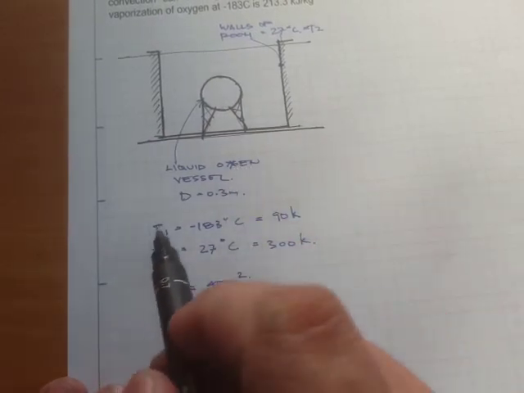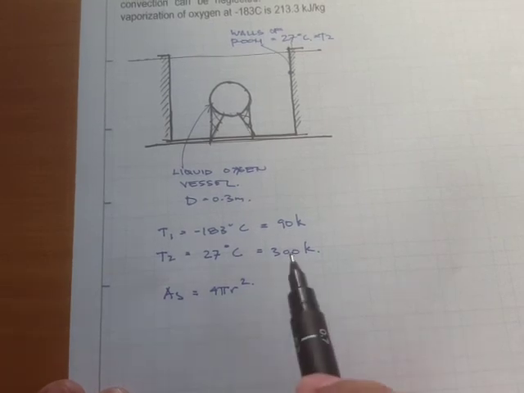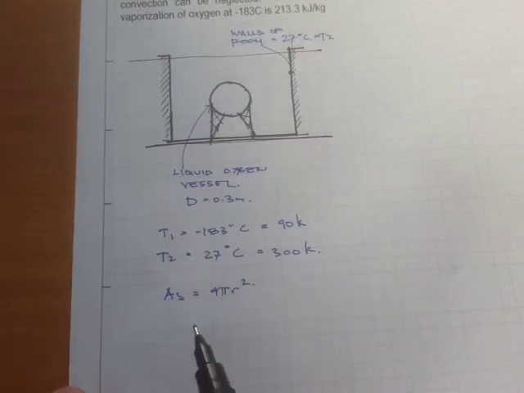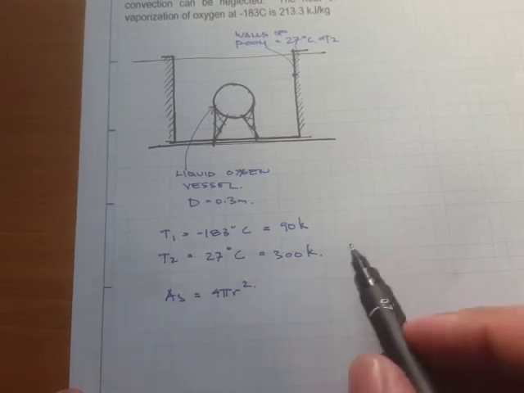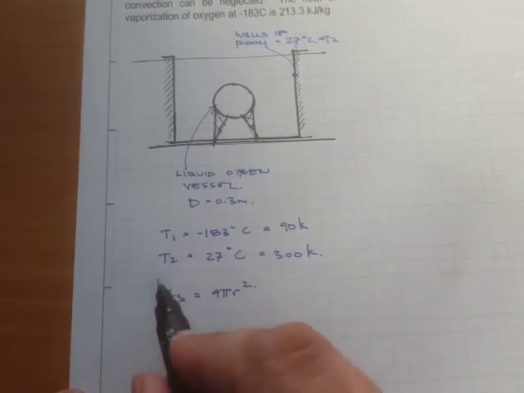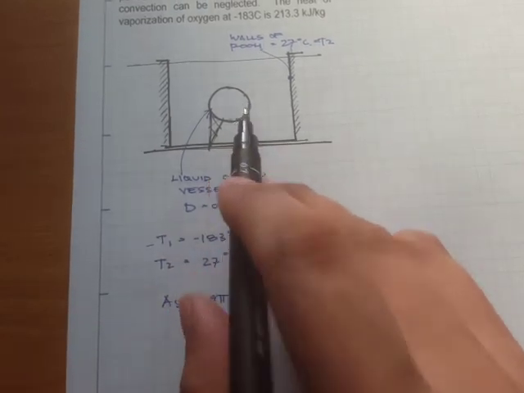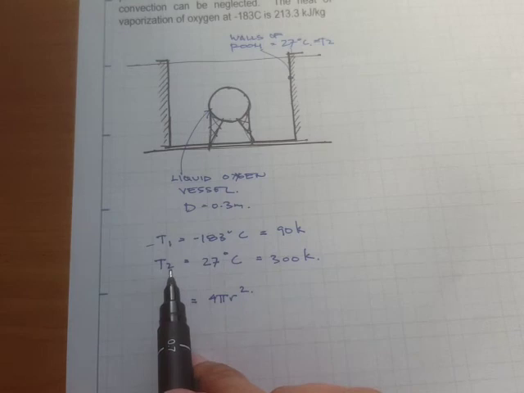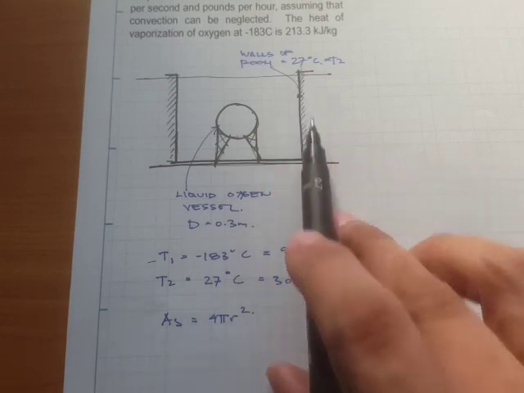First is, let's convert all the temperatures from degrees C to Kelvin, because if we are dealing with radiation, then we have to solve in terms of absolute temperatures. Alright, so here's our T sub 1, that's the temperature of the vessel, and here's our temperature sub 2, that's the temperature of this wall.